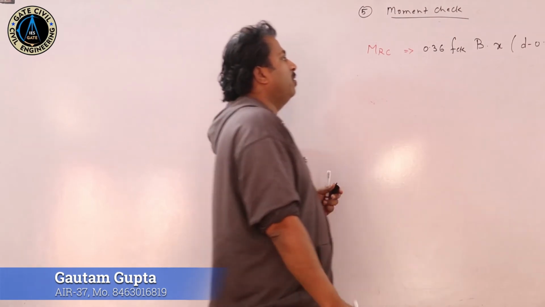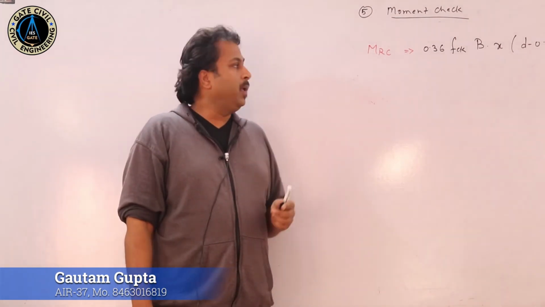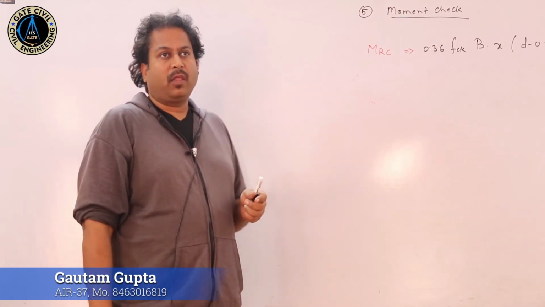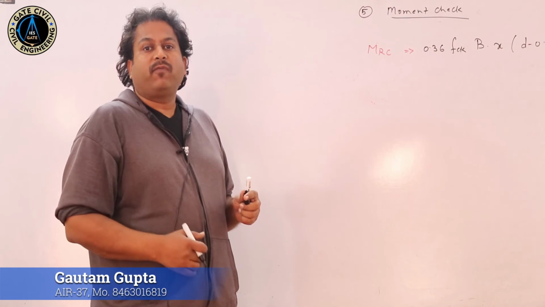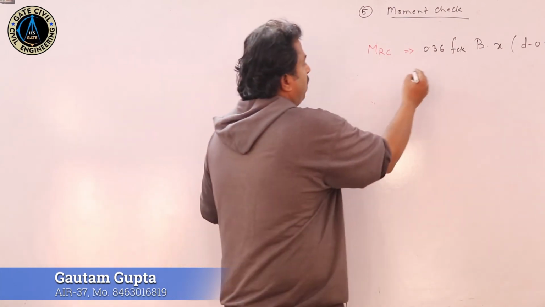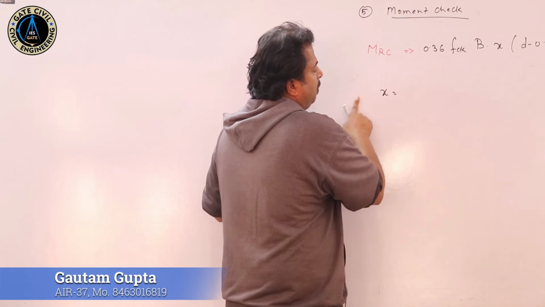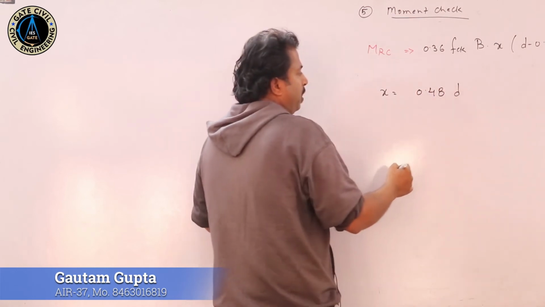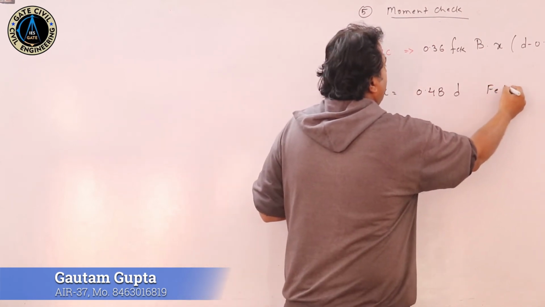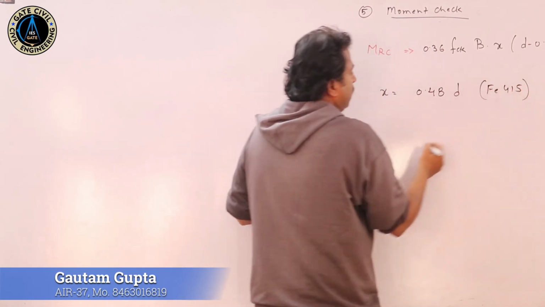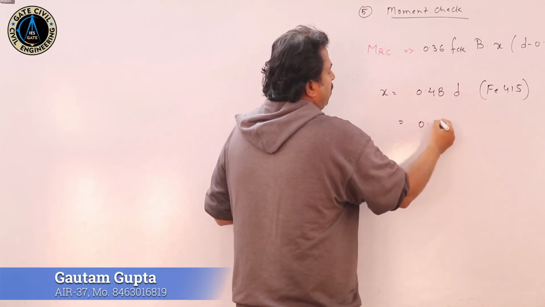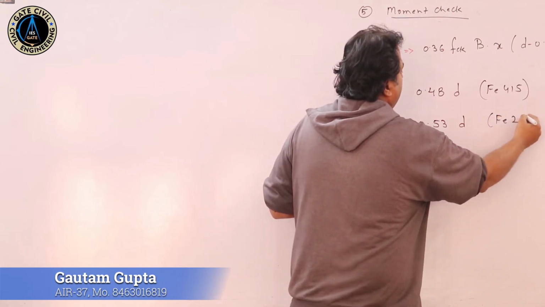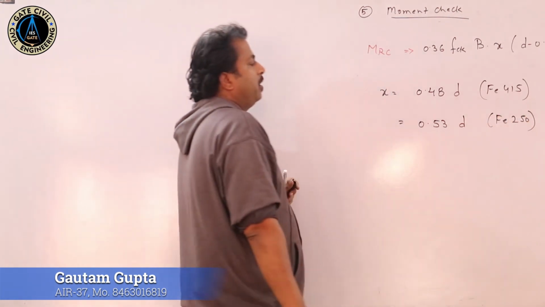Now, here we know the variable fck, we know the variable capital B, we know the effective depth small d. But there is one more variable, x. x is known as the depth of the neutral axis. This depth of the neutral axis, x, will be taken as 0.48 into d for Fe415 steel grade, or it will be taken as 0.53 times the effective depth for Fe250 steel grade.